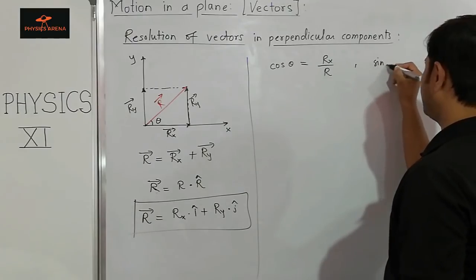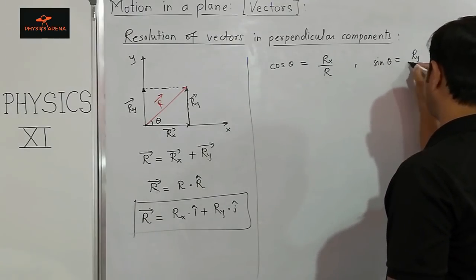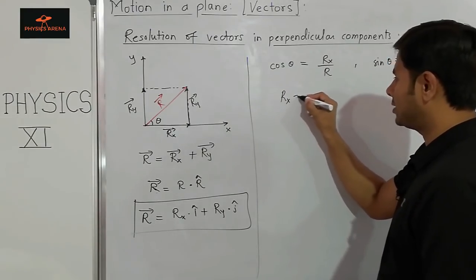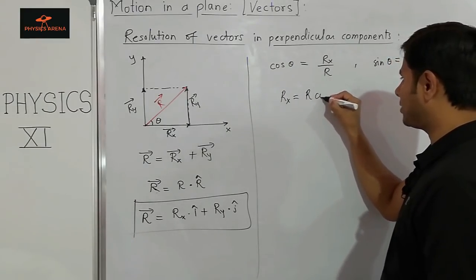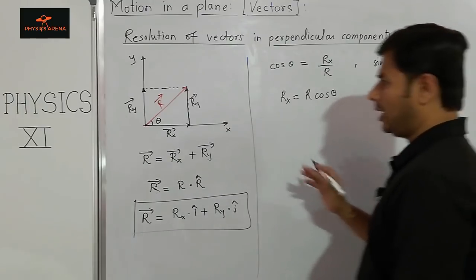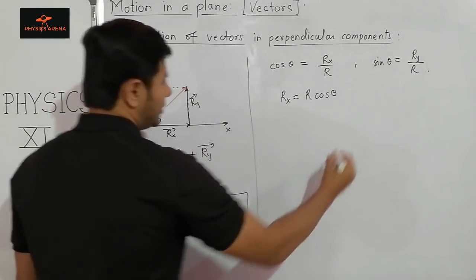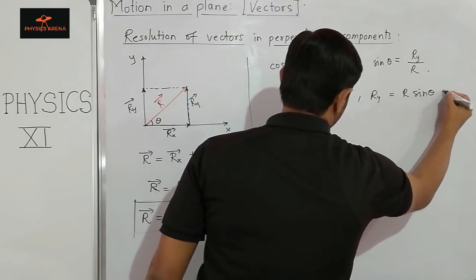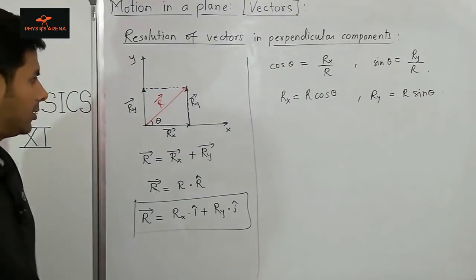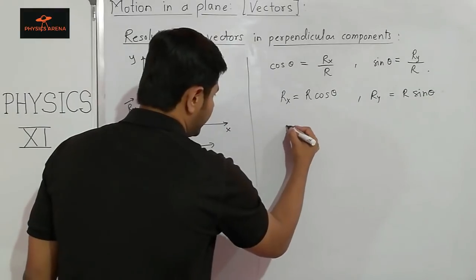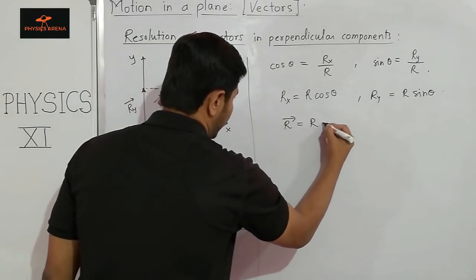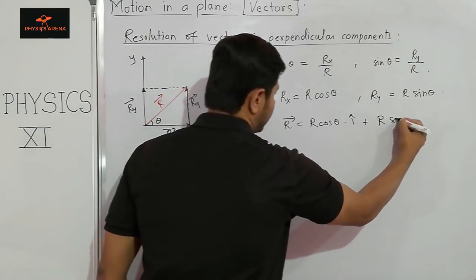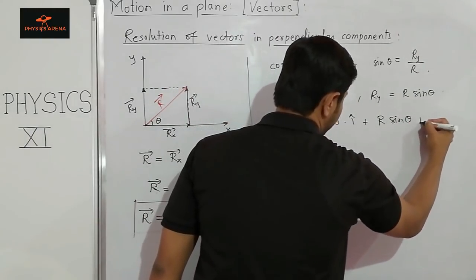So sine theta equals ry divided by r, and therefore rx is equal to r multiplied by cos of theta, and this ry is r into sine theta. So we can substitute it here. So I can write r bar is equal to r cos theta multiplied by i cap plus r sine theta multiplied by j cap.